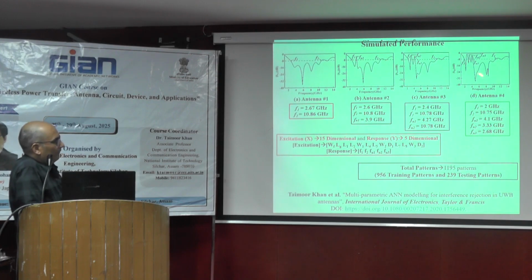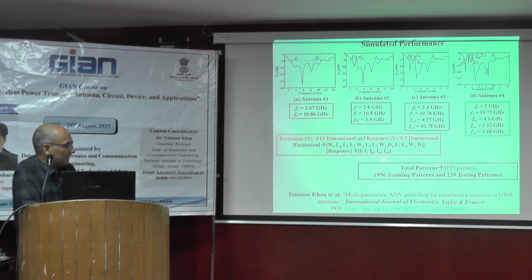Now, while changing the dimensions, there are a total of 15 geometrical parameters, and the response is this one. We need to develop a model which takes 15-dimensional input to predict the 5-dimensional response.